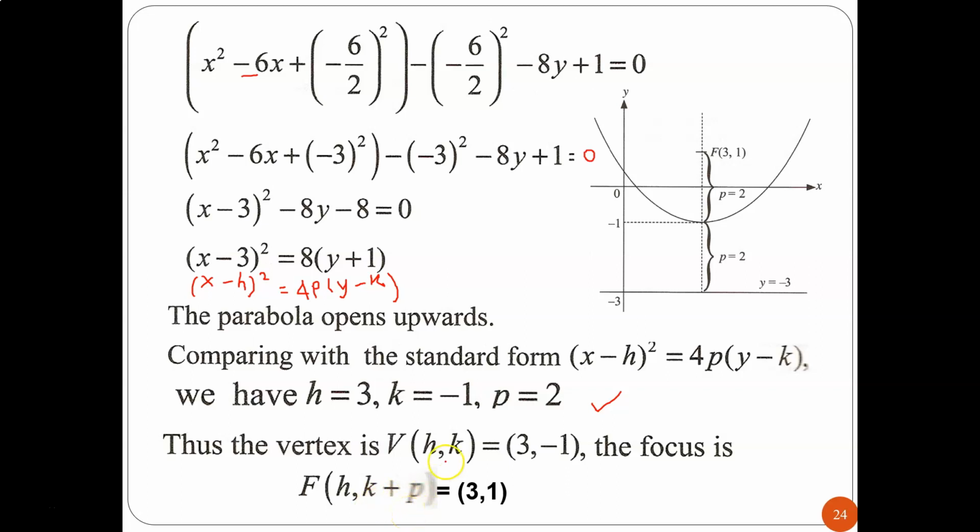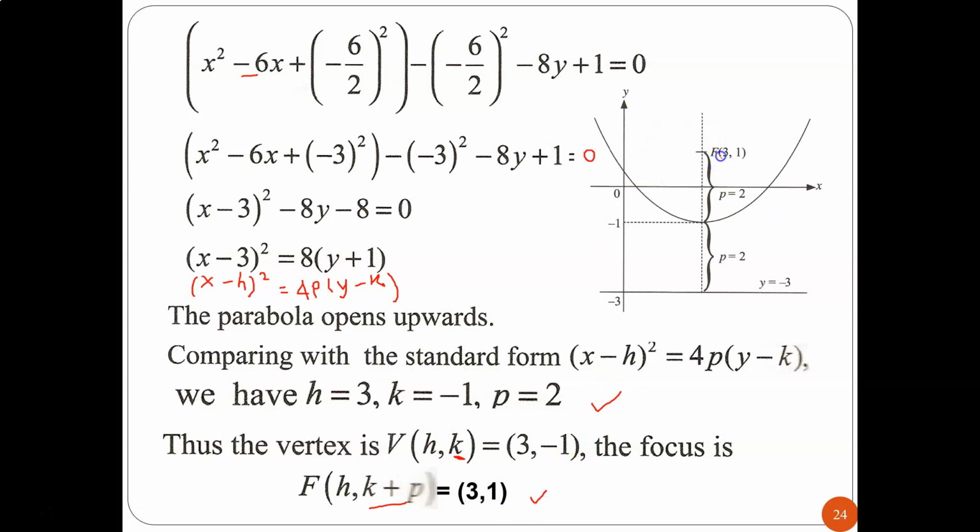How do I know to add to k, not add p to h? Because, again, we refer back to this equation. Look at this equation. The term at the back is the y term, which means the y coordinate, or the y axis, is the one that changes. So we add to the y coordinate, not to the x coordinate. Okay, so you have it like this.